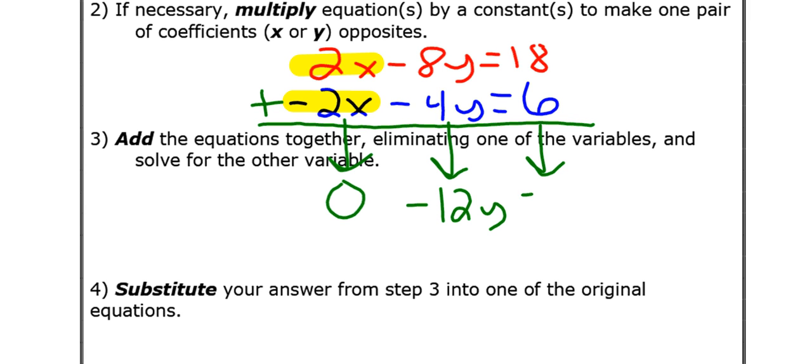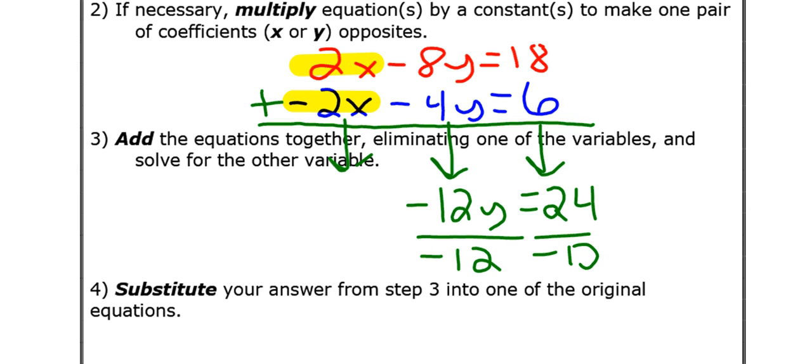And 18 plus 6 is 24. Now all I have is a y. There's no more x, so I can just erase that 0. All I have is negative 12y equals 24. To solve for y, I divide by negative 12. So now y equals negative 2. Boom.